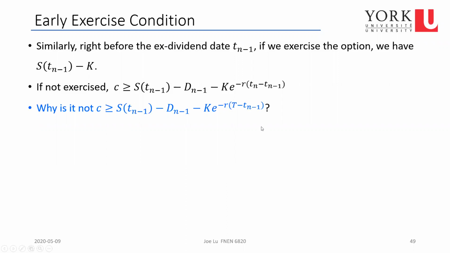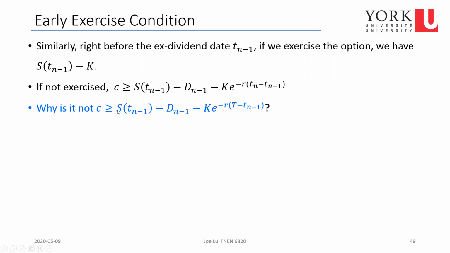Well, the reason for that is we can be sure the value is greater than this, but we cannot really be sure the value is greater than this blue one here if we take a larger discount period. Because the larger the discount period here, the smaller this value is, and that means the C value will be higher.